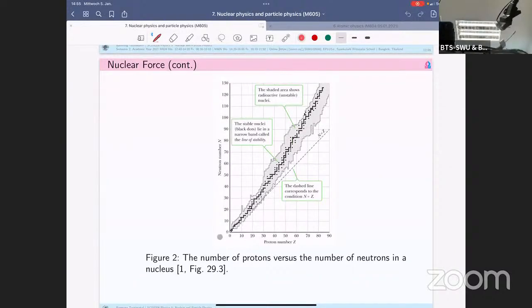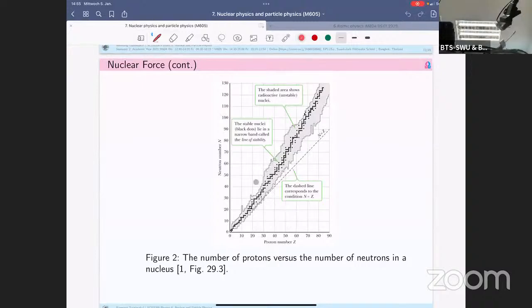But once the element grows bigger, the number of neutrons and protons is no longer the same. In that slide it was the same all the time, but it doesn't hold true in nature, because once the nucleus is bigger, it is composed of more protons, the size of the nucleus grows, and the repulsive force will be stronger.